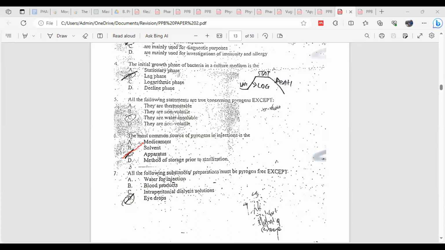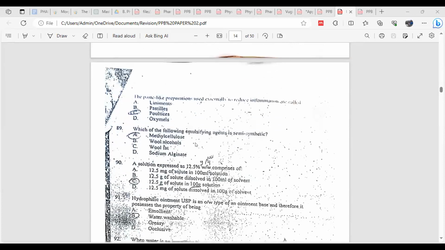It's okay for it to have pyrogens. You can see that for eye drops there's a specification for sterility, but none for it to be pyrogen free. Yeah, I think I agree.